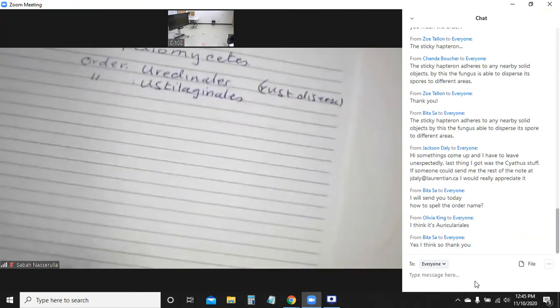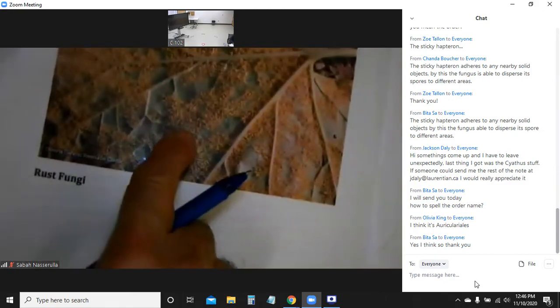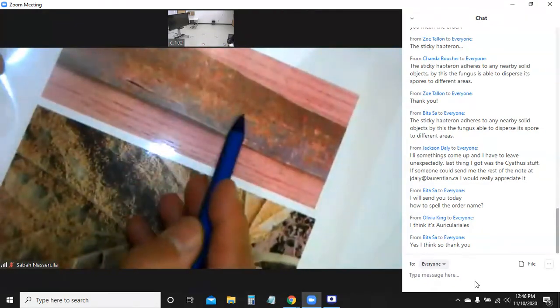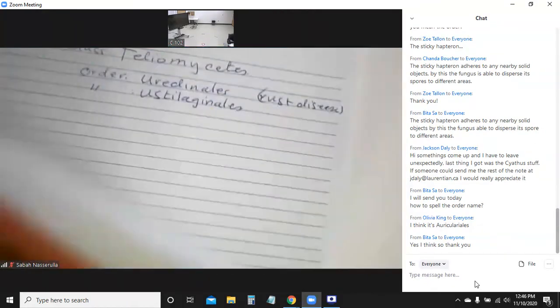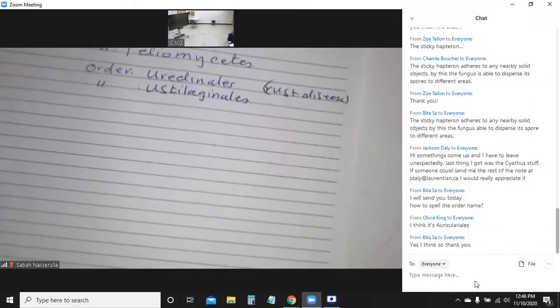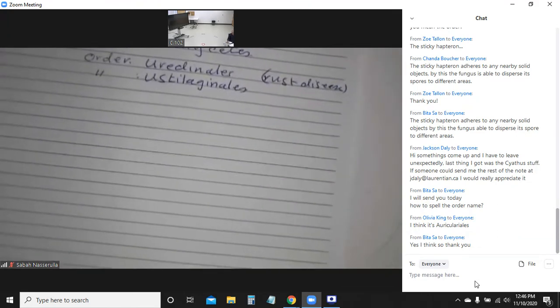If you look at the picture, they call it rust because when the spores are matured and they come on the surface, they look rust color like this. They grow basically on wheat and develop a lot of diseases on the grass family or Gramineae, mostly like wheat.